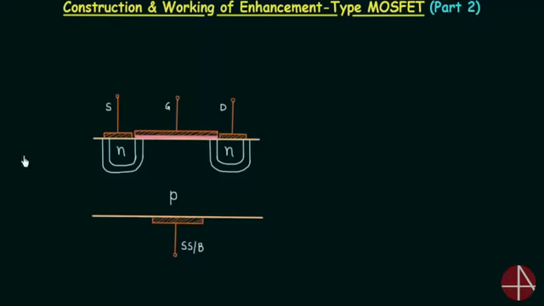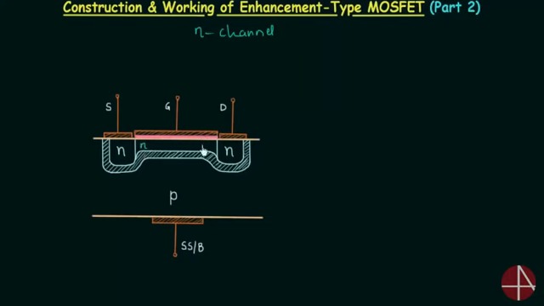I will show you how it will look. This is the channel, and you can see the depletion region is having the uniform width. Now let us decode the name N-channel enhancement type MOSFET. You can see the channel is formed between source and drain, and this channel is of N-type.